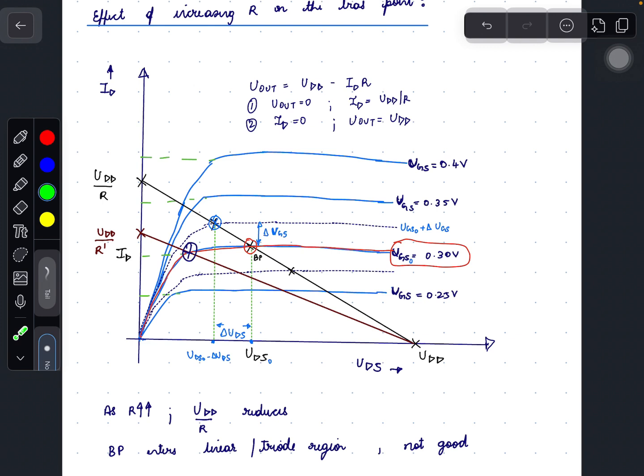We want the bias point to be in the saturation region for amplification. Hence, by increasing the load resistance R, we are bringing the transistor to linear region.